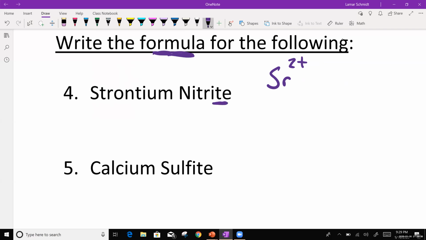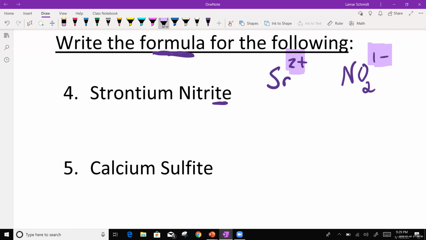Notice that it says ite. There's nitride, nitrite, nitrate, so you have to look at all of those. Nitrite is NO2 1-. Now what you want to look at is the sum of your charges. This is 2 and this is 1. If you add those together, they will not equal 0.